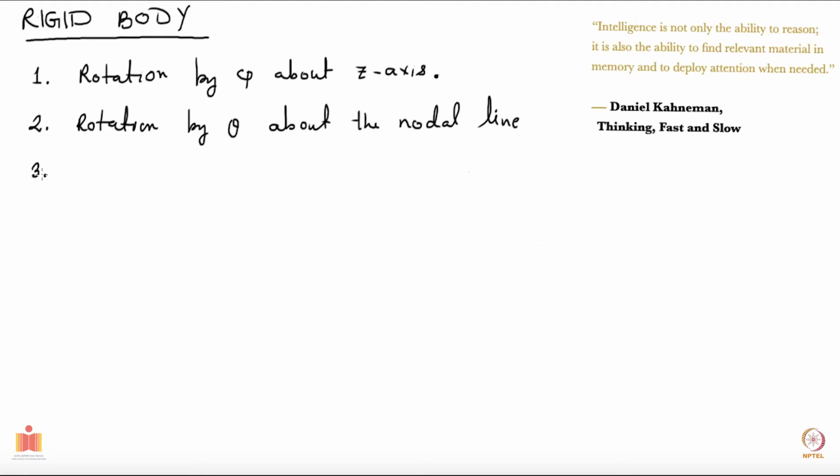That has already happened. What has not happened is your x and y axis have not reached their final destinations, but only one rotation will take you there. And you remember, you have to rotate by an angle psi about what axis? Can you recall that?